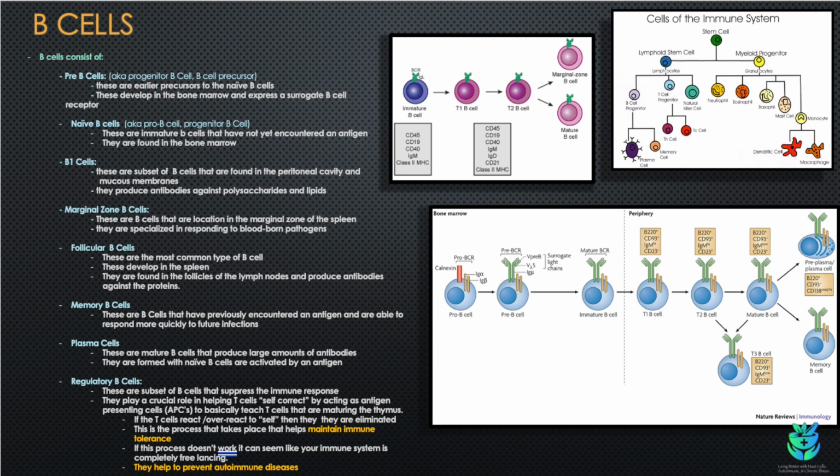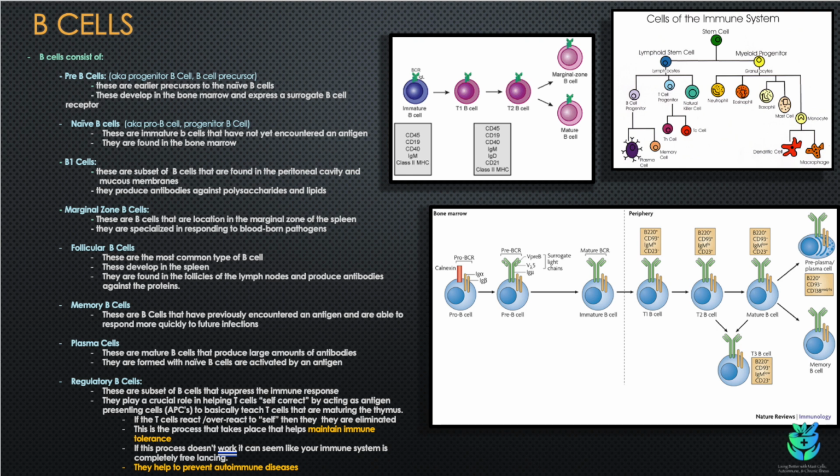Regulatory B cells are a subset of B cells that suppress the immune response. They play a crucial role in helping T cells self-correct by acting as an antigen-presenting cell to basically teach T cells that are maturing in the thymus. If the T cells react or overreact to self, meaning they can't tell the difference between what's you and what's an actual foreign invader, then they are eliminated.